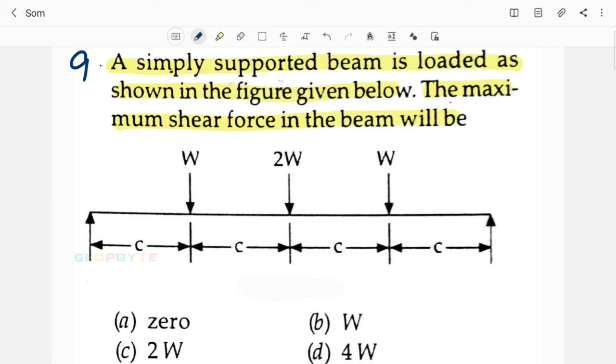So let us find the reaction. That reaction itself is equal to maximum shear force. For this case, let the supports be A and B. The reaction at A is RA, reaction at B is RB. Look at the loads.